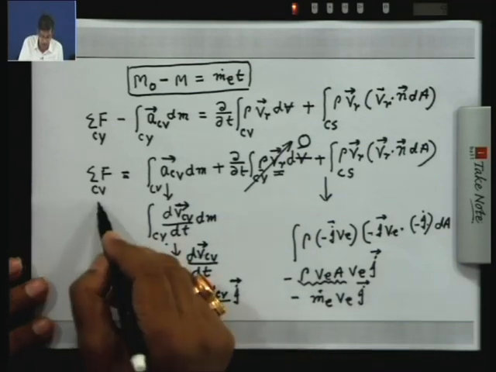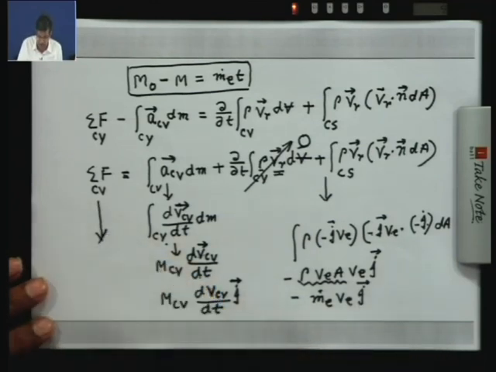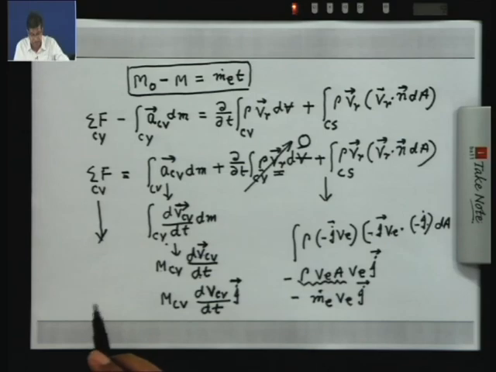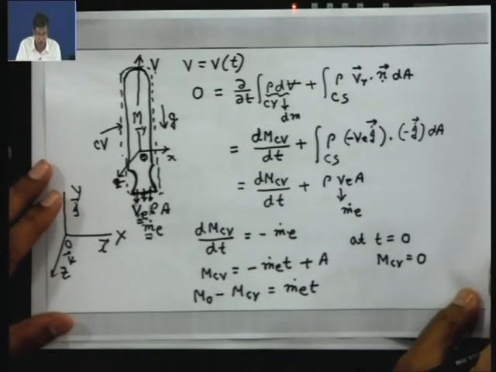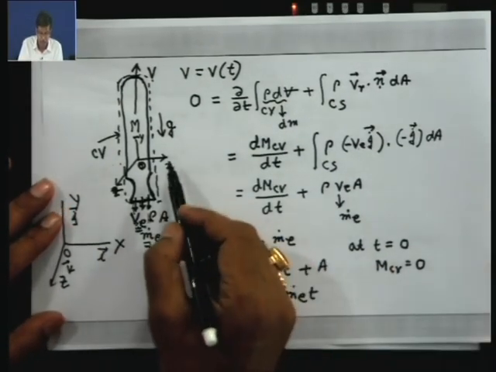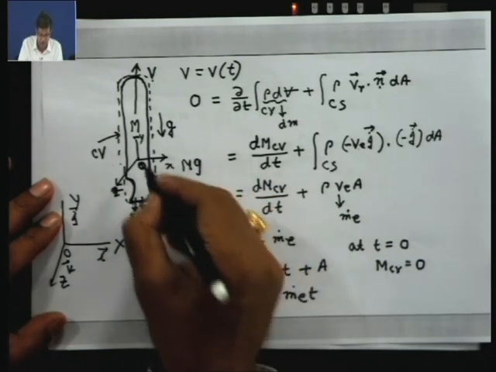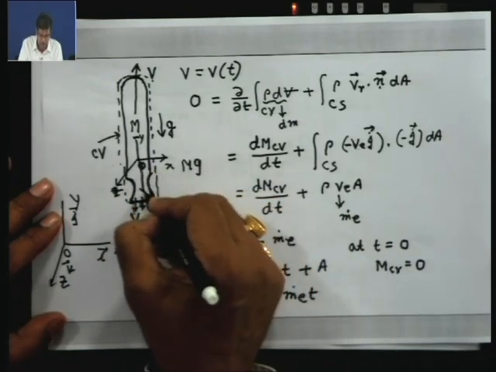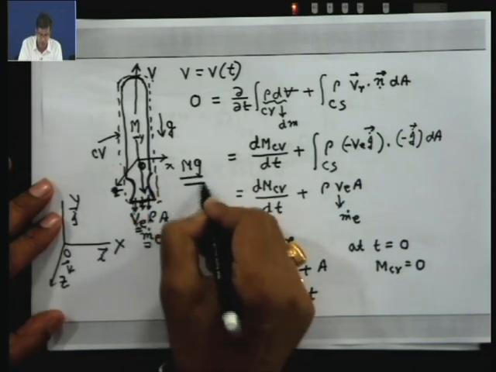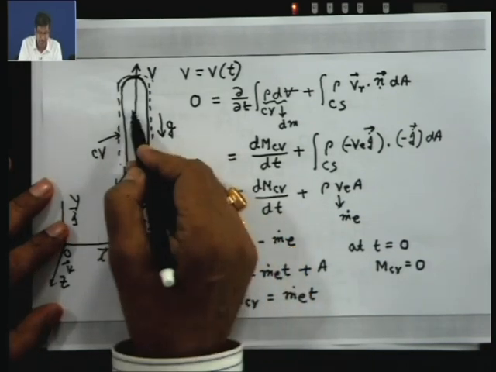Now I write the left hand side. Here we have to see what are the forces acting on it. One force is mg, acting through its center of gravity. Another force is the drag force.